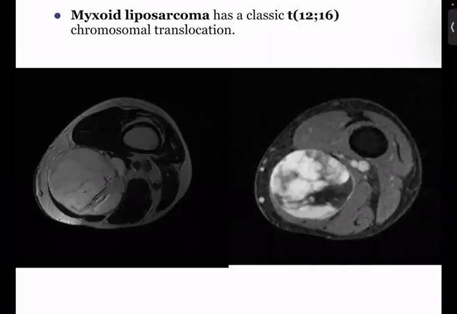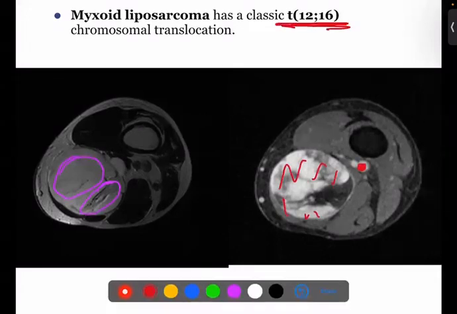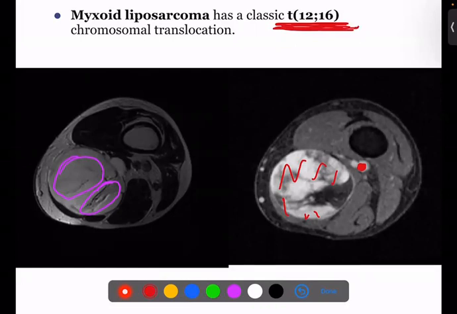Let's talk about myxoid liposarcoma. In myxoid liposarcoma we have the translocation, which is very important to remember. Another thing to remember about myxoid liposarcoma, what did we say? It requires CT chest, abdomen, pelvis to rule out retroperitoneal metastases or synchronous metastases. Meaning the patient may have something in the thigh, and at the same time may have synchronous metastases in the retroperitoneal area.